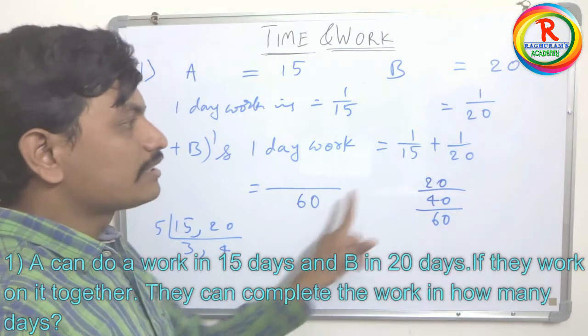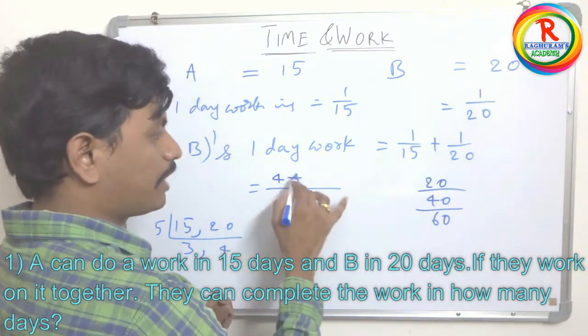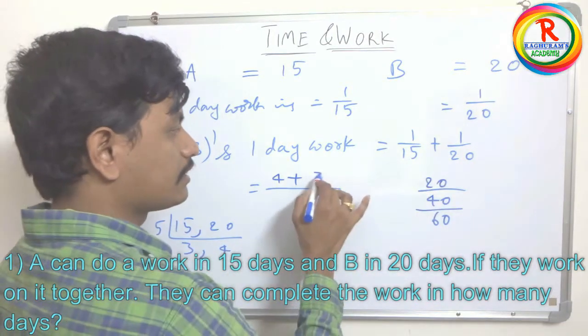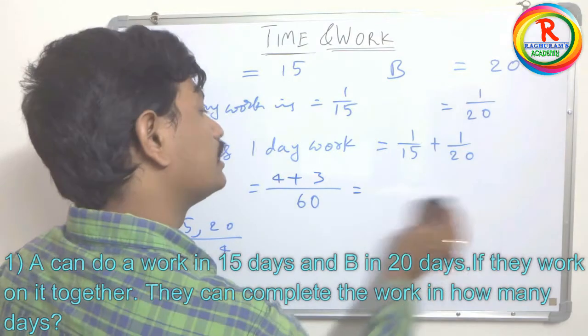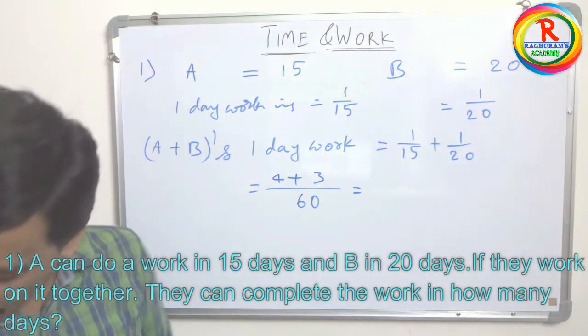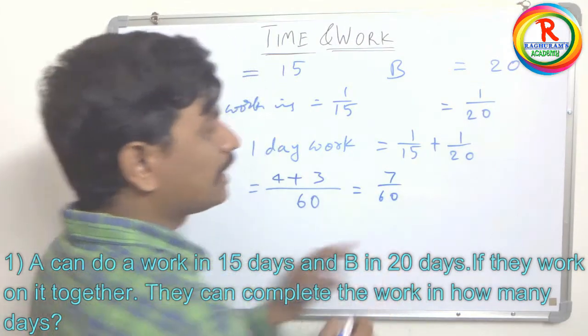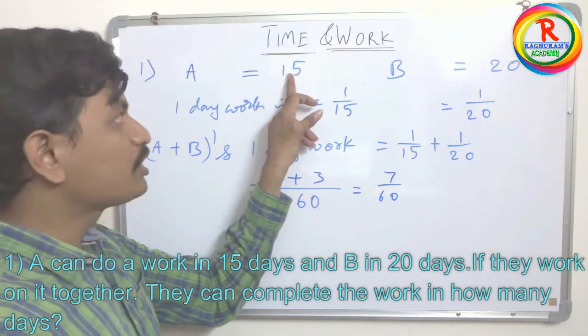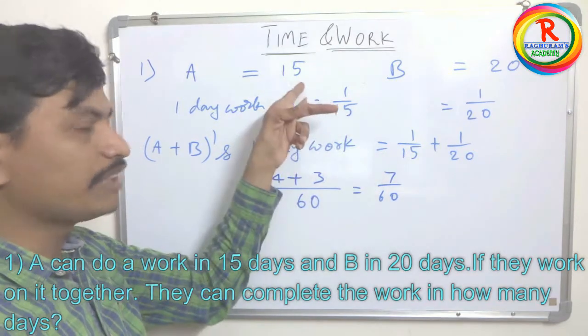Now this is the LCM, so 15 4's are 60 plus 20 3's are 60. So together their 1 day's work is 7 by 60. Get the reciprocal. If A can do a piece of work in 15 days, his 1 day's work is 1 by 15, and the reciprocal gives 15.